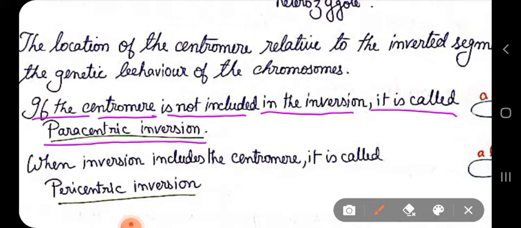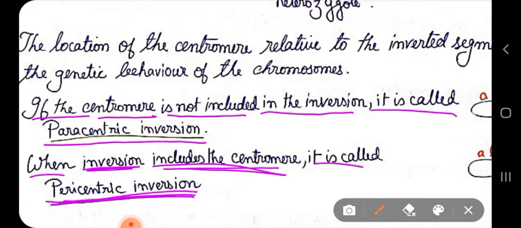The inverted segment is found within the arms of the chromosome, but it does not include your centromeric region. Whereas in pericentric inversion, the inverted segment includes your centromere. So when inversion includes your centromere, that is called pericentric inversion.